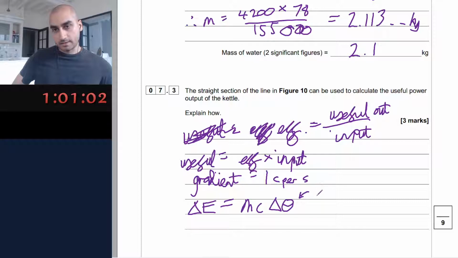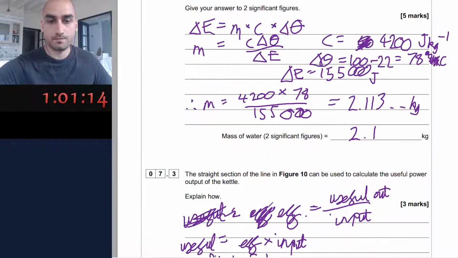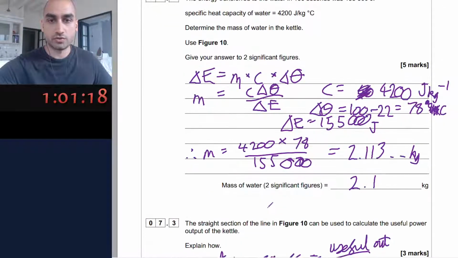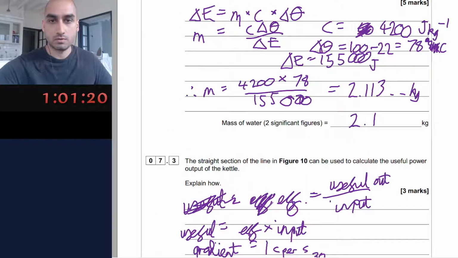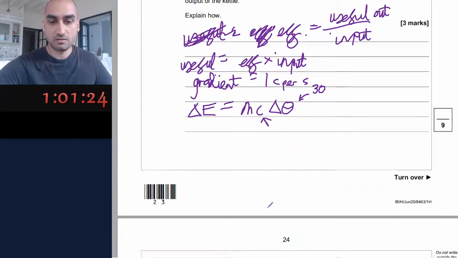So that is 30. That is 4,200 joules per kilogram, joules per kilogram degree C.